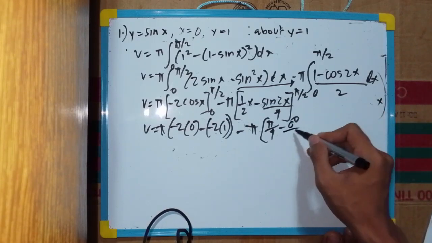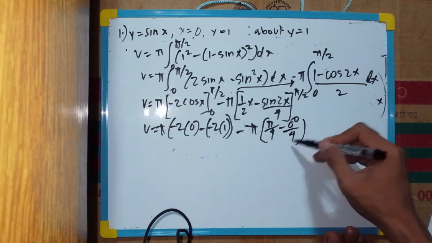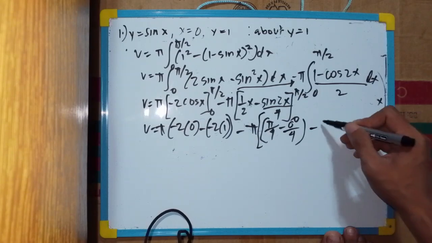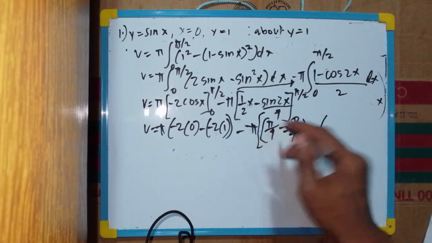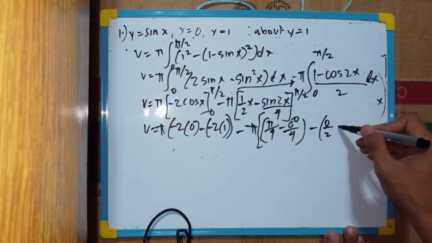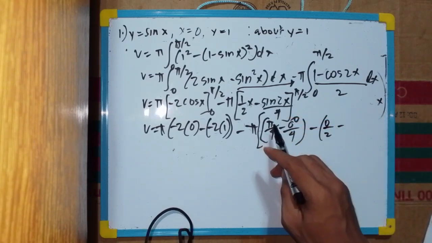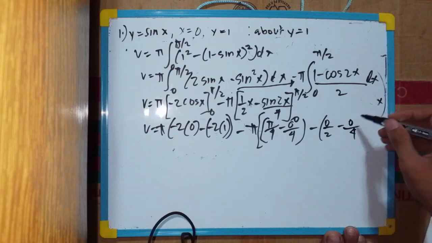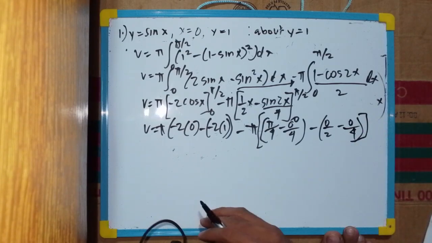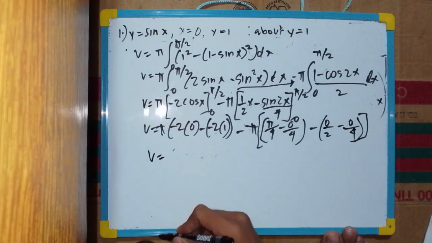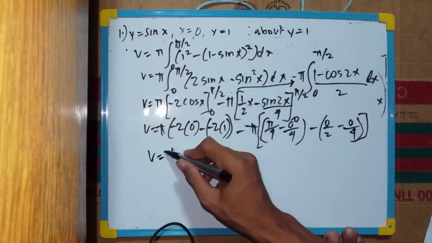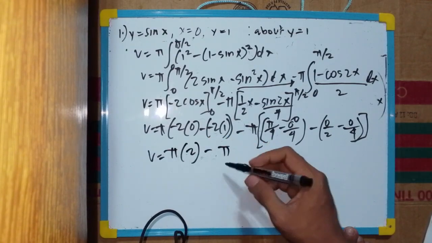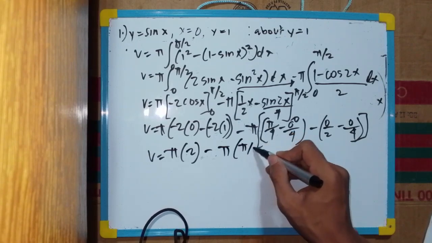So we have 0 over 4 minus 0, so 0 over 2 minus sine 0, which is 0. So we have this. Now the values will be pi times 2 minus pi times pi over 4.